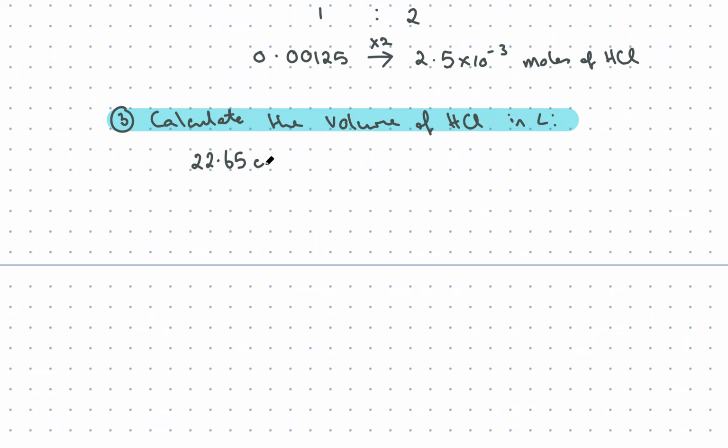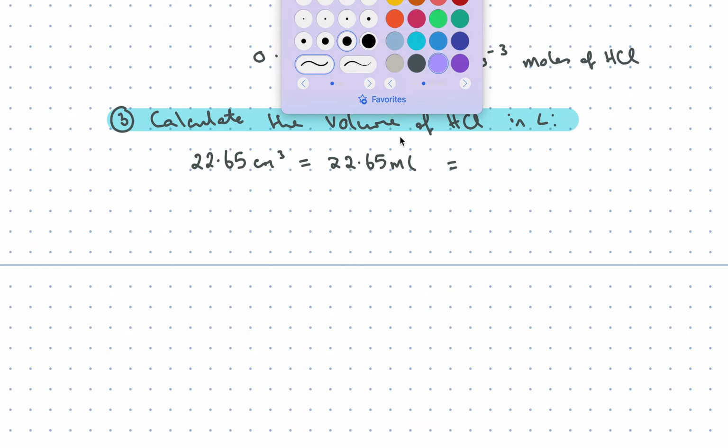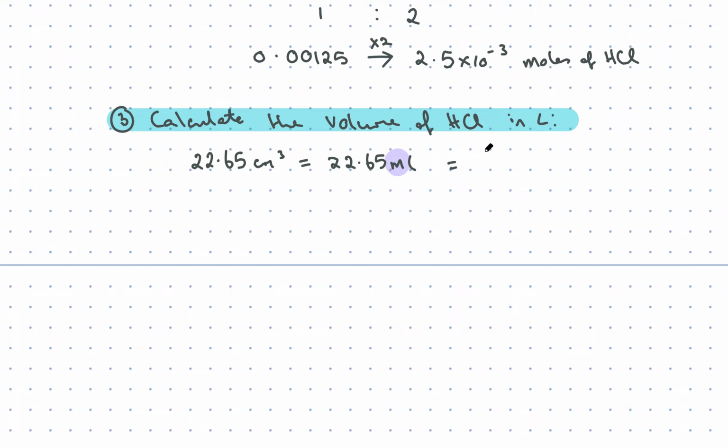So 22.65 centimetres cubed. I'm going to change that into millilitres. You don't have to, but I just find it makes this next step much nicer. So remember, milli actually means by 10 to the minus 3. So I'm going to swap him out, and I'm going to have 22.65 by 10 to the minus 3, and it's going to be litres.